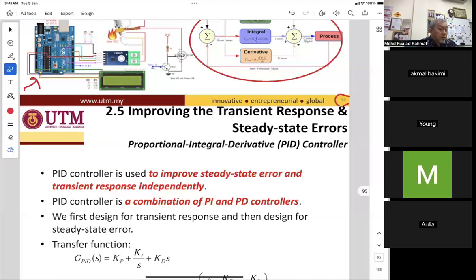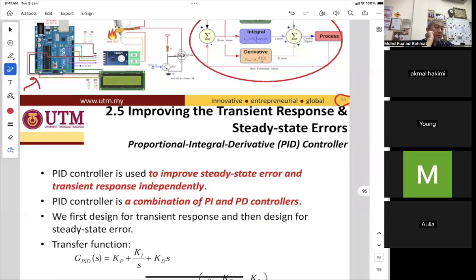So the slow response is a disadvantage of the PI controller. Therefore, we introduced the PD controller two days ago in the Monday lecture. It seems that the PD controller solves the issue of transient response improvement, from slower response to faster response.